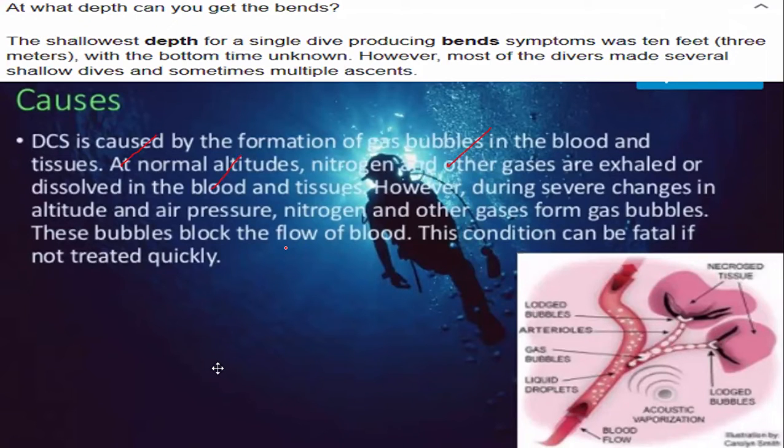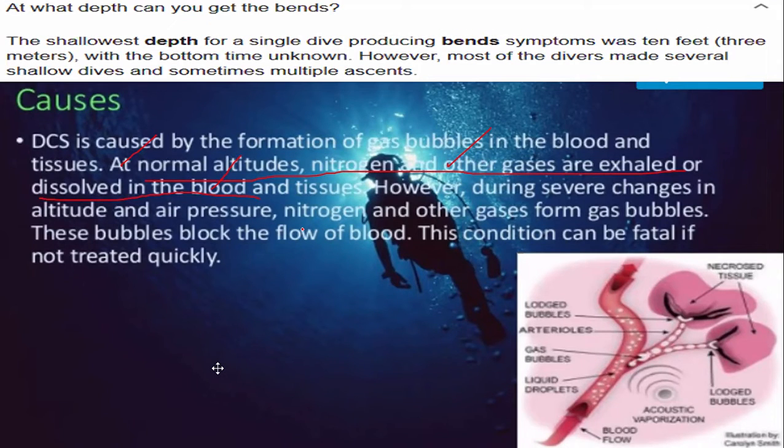So, at normal altitudes, they can go to the blood vessels, of course. As stated here, from the alveoli they can go to the blood vessels, but they are just plainly dissolved in the blood. And then they should go back to the alveoli so that they can be exhaled.